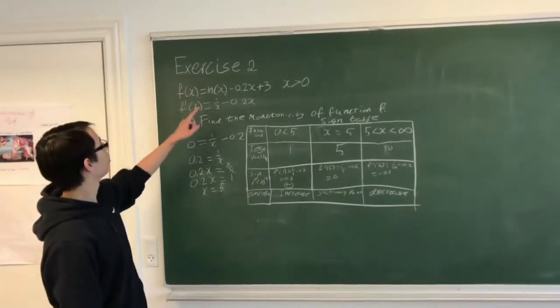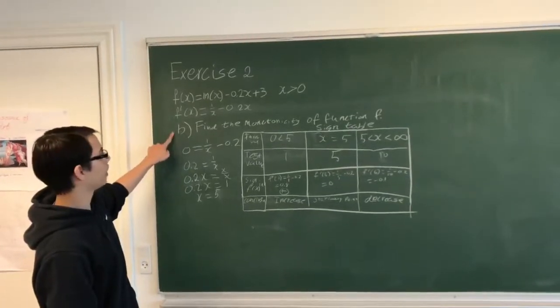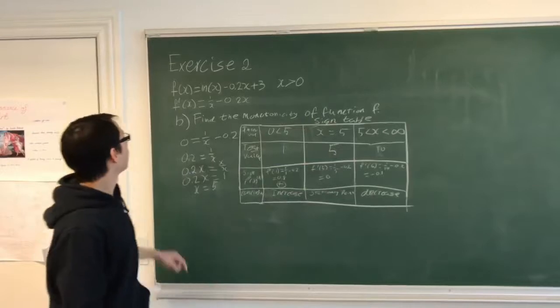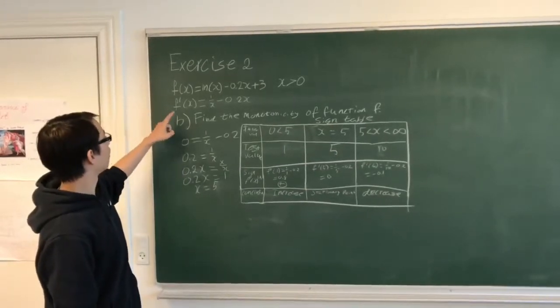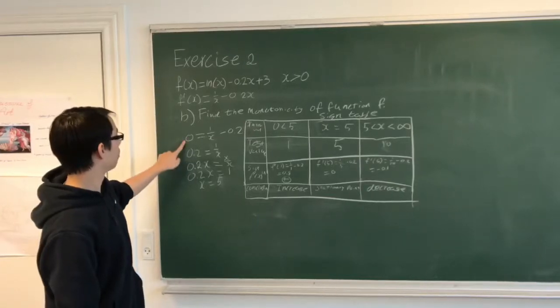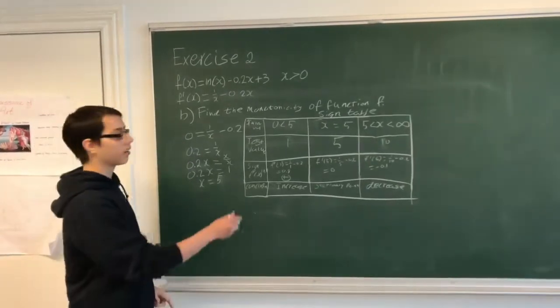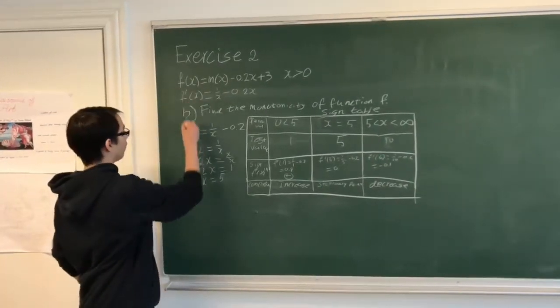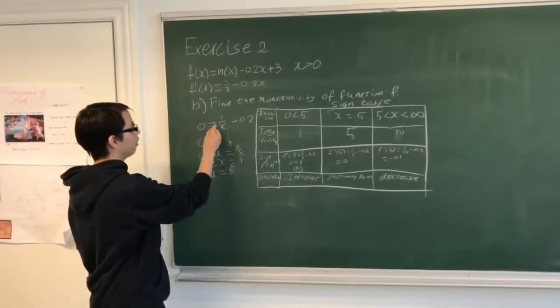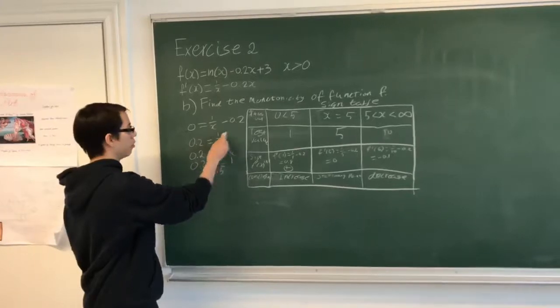Alright, so for exercise 2, part B, we need to find the monotonicity of function f. And we do that by having the derivative of our function f and finding the zero of it. We do that by replacing f dash of x with 0, and then we solve for x. We say 0 equals 1 over x minus 0.2.